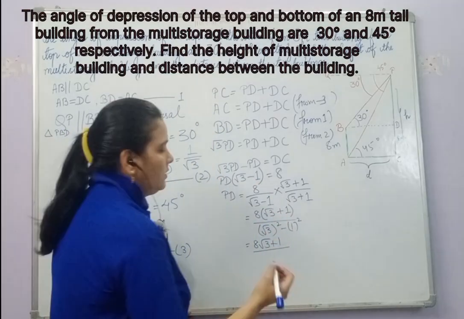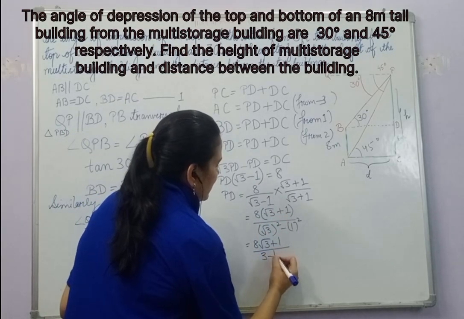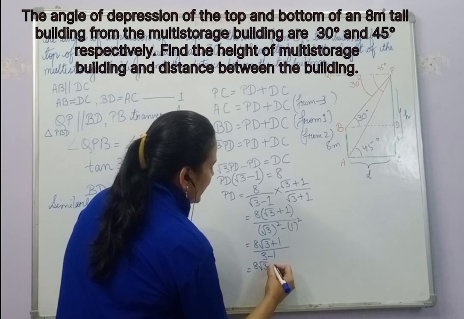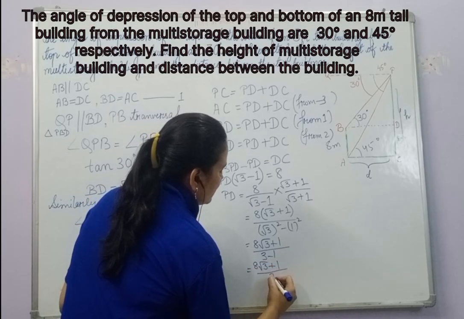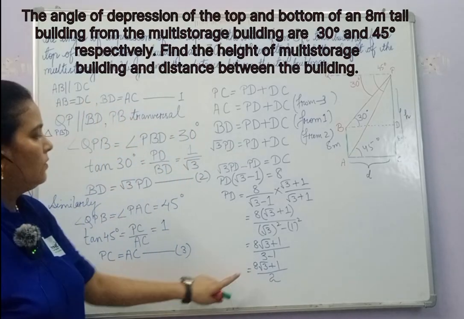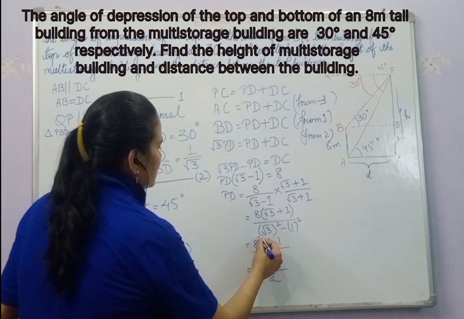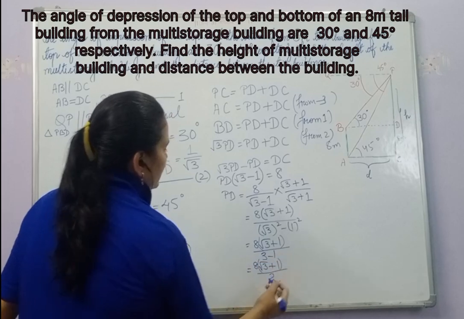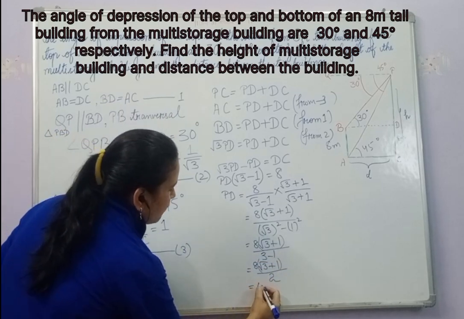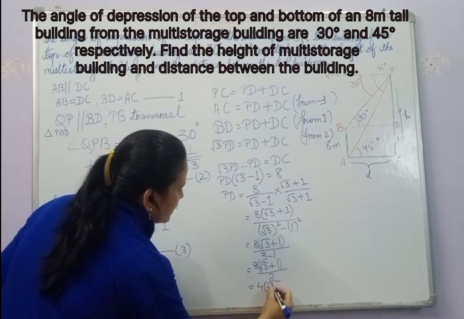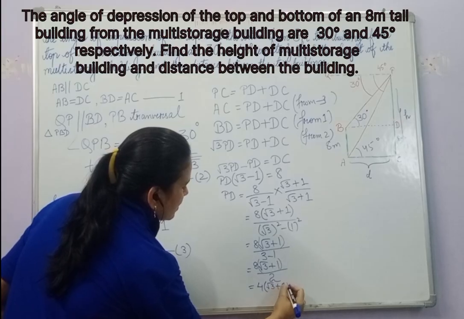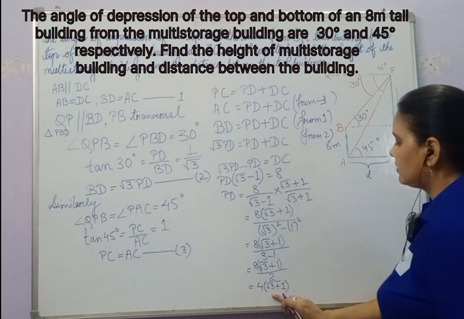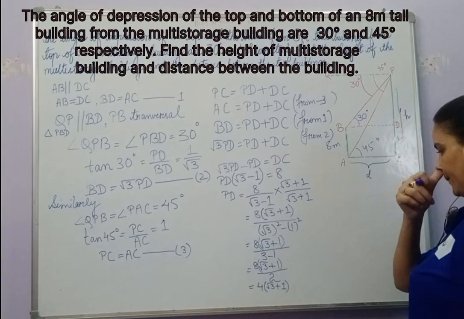Root 3 into root 3 is 3, minus 1. So it comes 8 (root 3 plus 1) by 2. Sorry, I need to put this bracket. Okay. So it comes up to be 4 (root 3 plus 1). The value comes up to be 4 (root 3 plus 1).